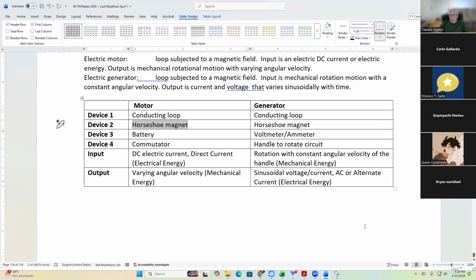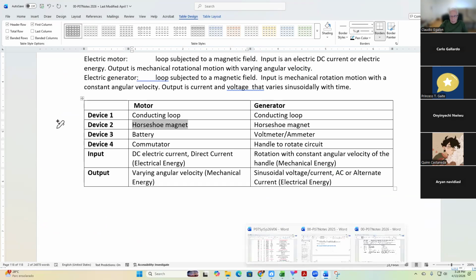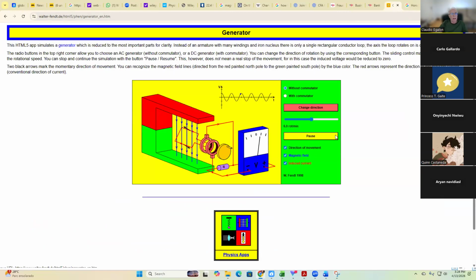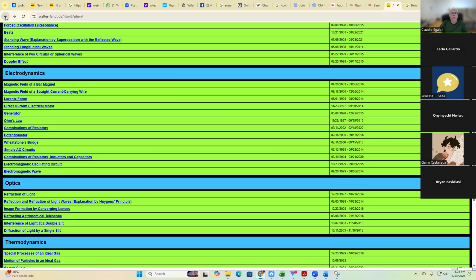So let me walk you through again. I'm going to go very quickly about the generator. And then we want the direct current electric motor.